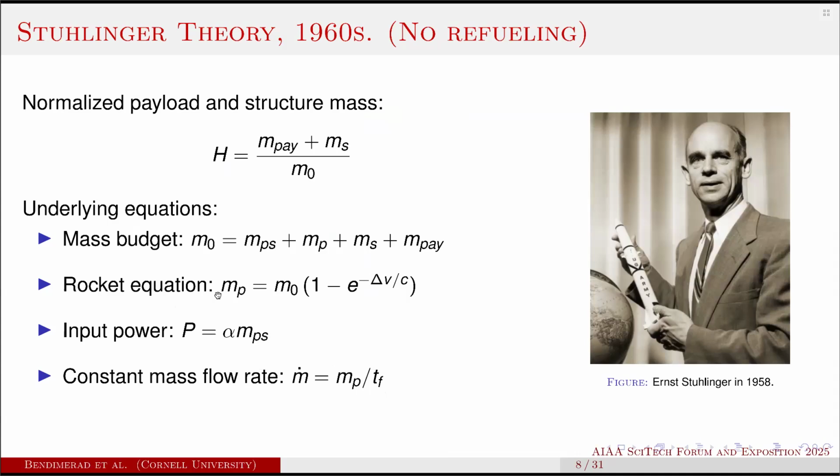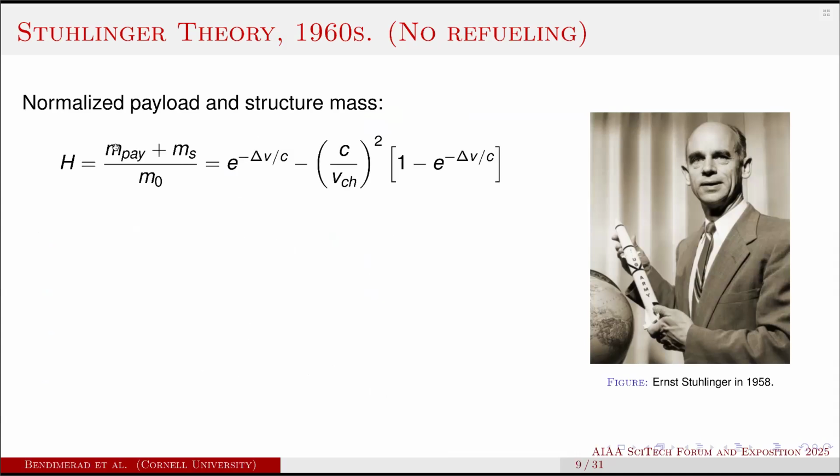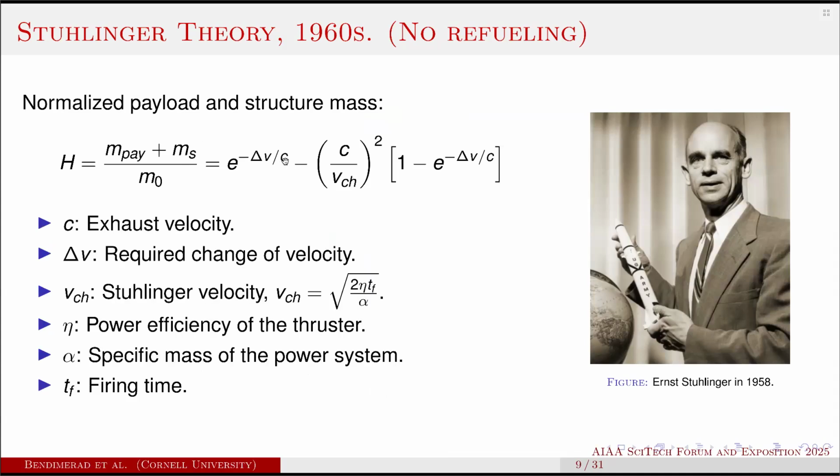And using these equations, we can show that the normalized payload and structure mass can be written in terms of the exhaust velocity, c, the delta v, which is the required change of velocity of the mission, and the characteristic velocity that is also called the Stallinger velocity. And this velocity represents the theoretical upper limit velocity that an electric thruster can achieve.